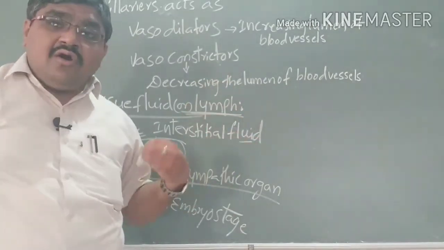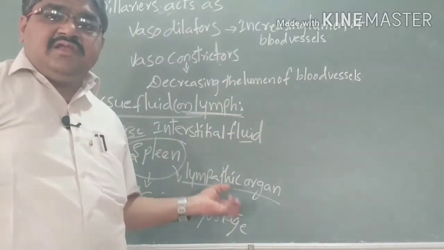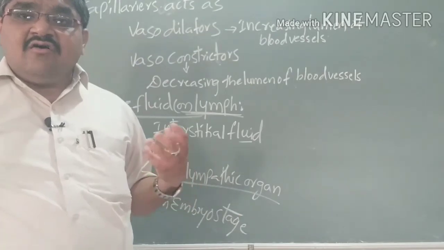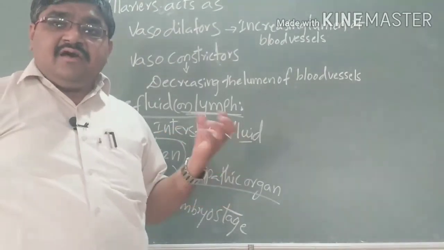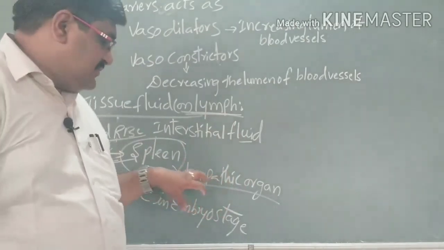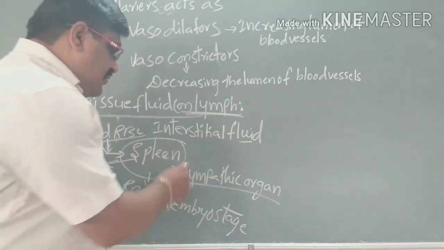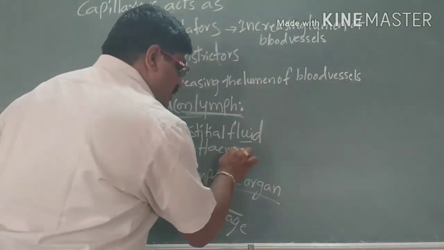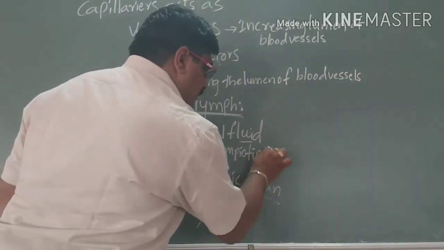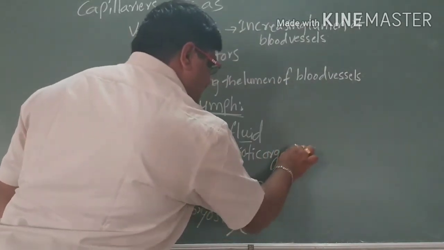Also in the embryonic stage, the spleen is helpful for synthesizing blood along with the liver. So the liver and spleen we can call the hemopoietic organs.